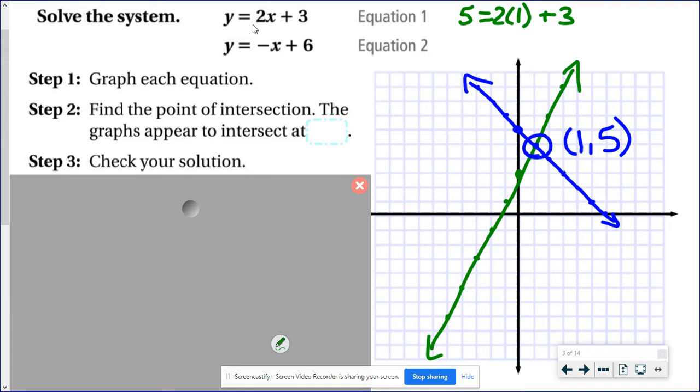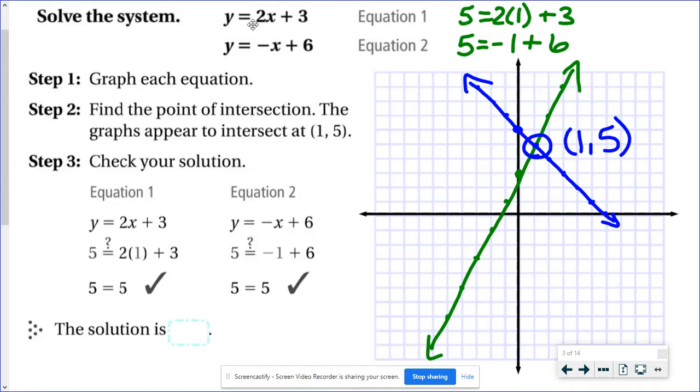That one works. If I substitute those same numbers into the second equation, again, the y from my ordered pair is 5. There's a negative 1, and then I'm going to put my x in there as a 1 plus 6. Negative 1 plus 6, yes, that is 5. That works for both equations.